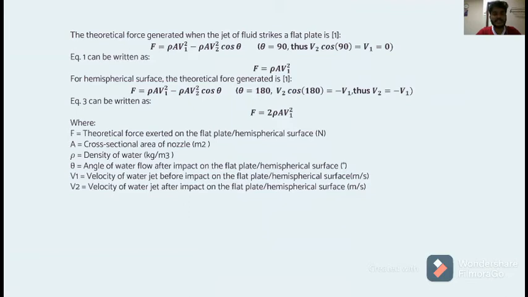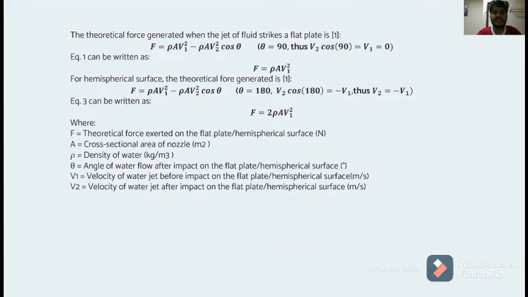The theoretical force generated when a jet of fluid strikes a flat surface, we have the equation F equal to density times area times square of the velocity. We have two velocities basically, before hitting and after hitting.